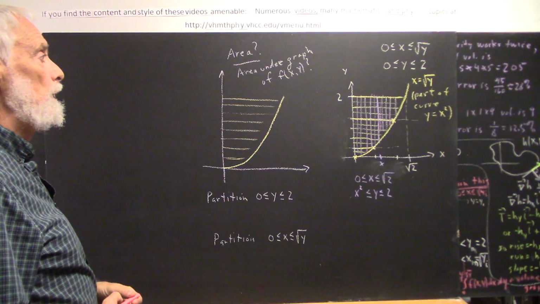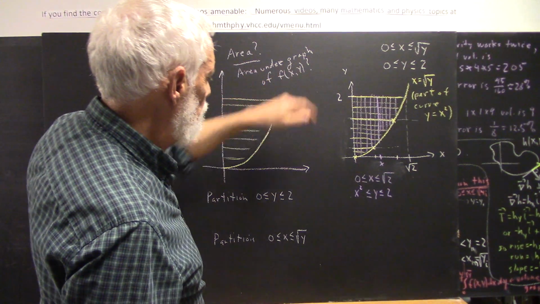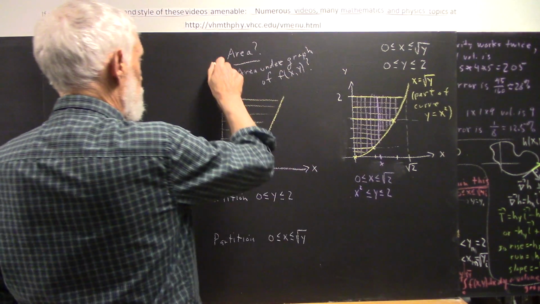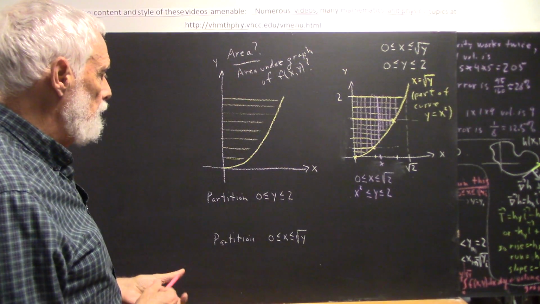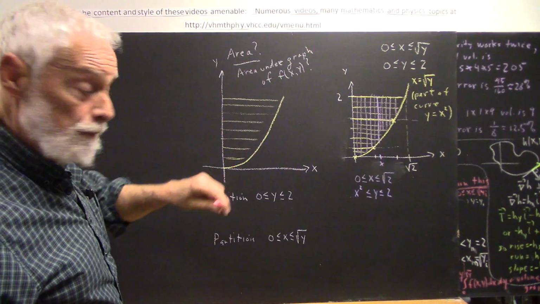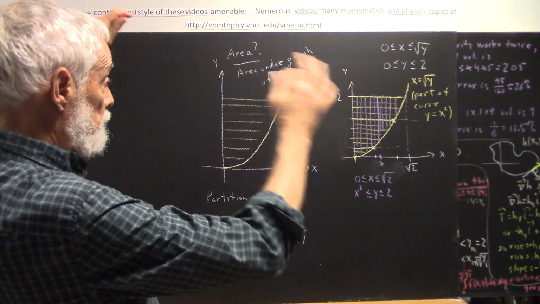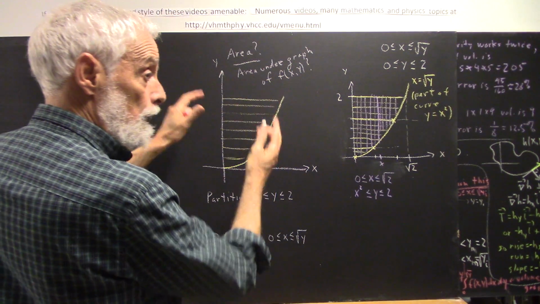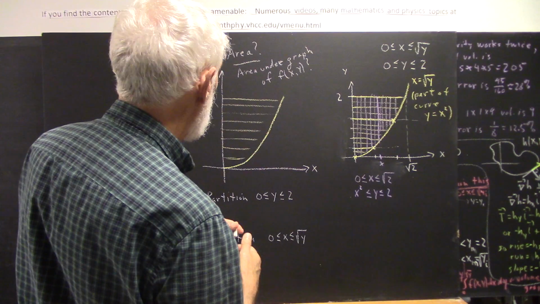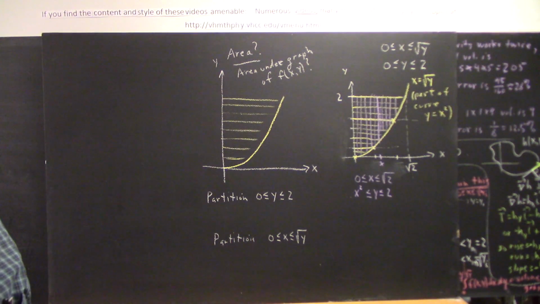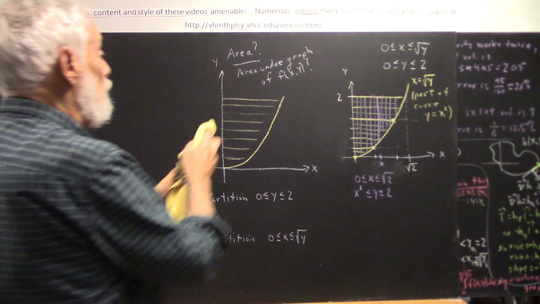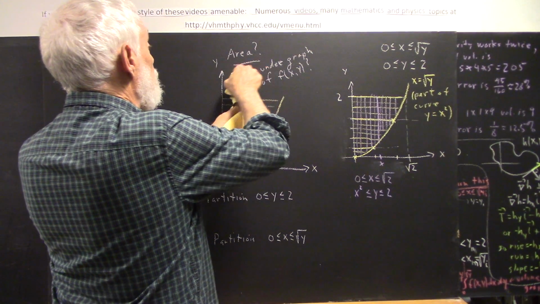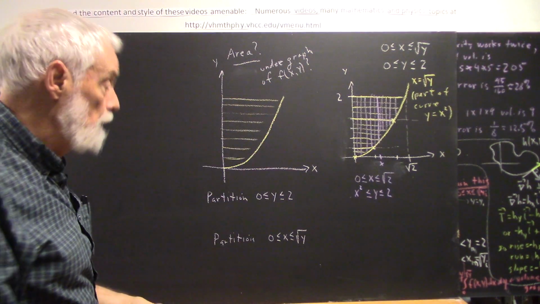Or even if we've got some function f of xy, then of course, since x is in this direction, y is in this direction, we could have a z-axis coming out of the board and have a graph of some function f of xy, and we might want to find the volume of the graph, and I said area, but it would be the volume under the graph of f of xy corresponding to this region, within this region. So let me change that area to volume.